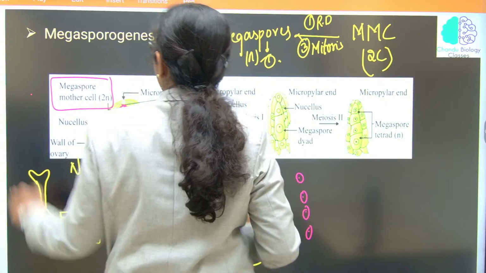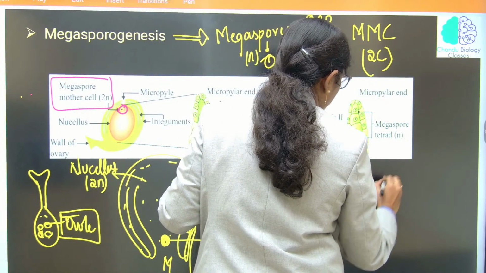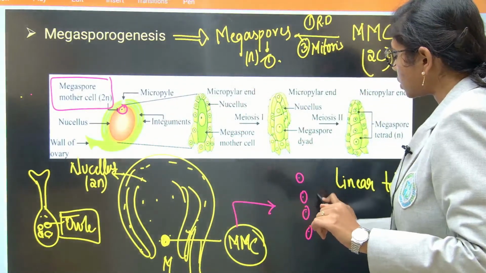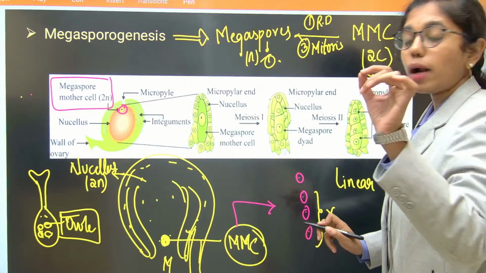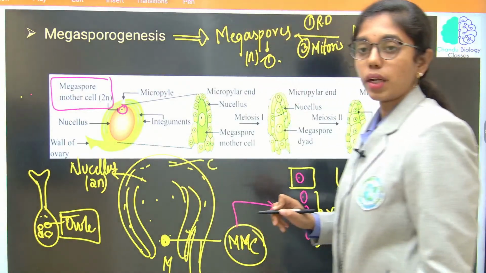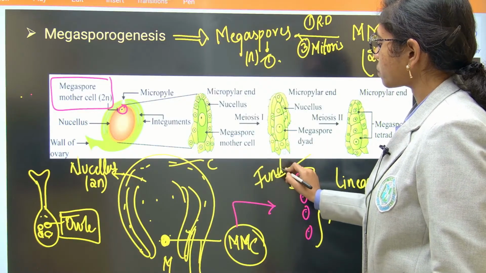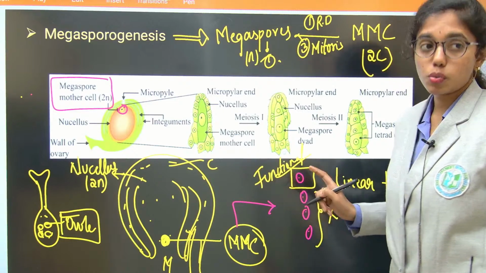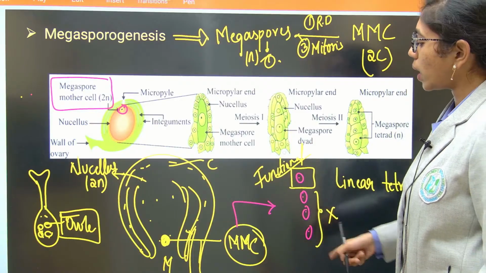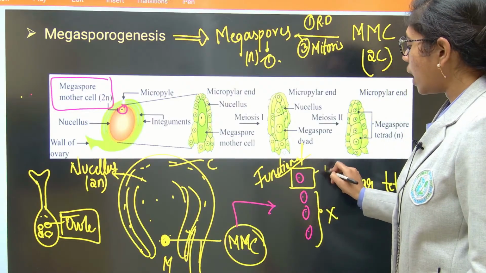The 4 megaspores are arranged in the form of a linear tetrad, of which 3 megaspores towards the micropylar end degenerate and 1 megaspore towards the chalazal end, the base of the ovary, will be the functional megaspore, and this is haploid.